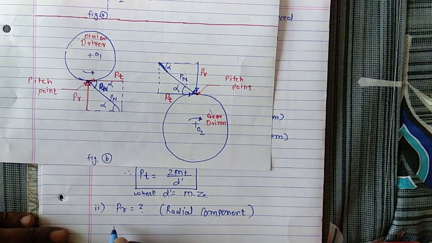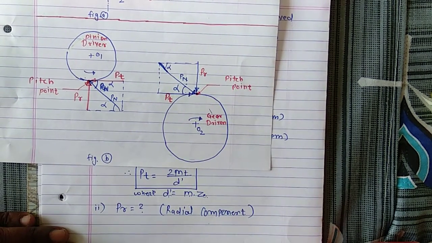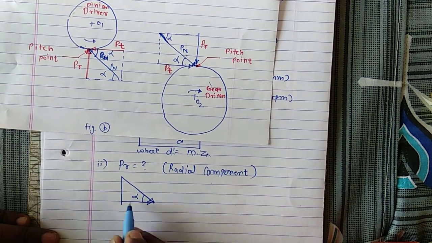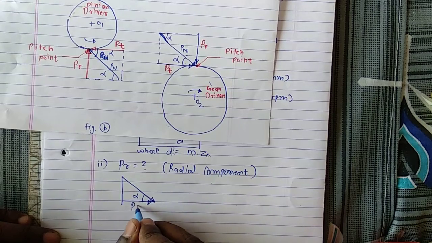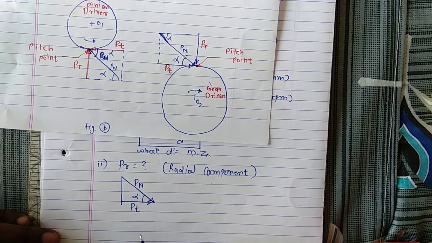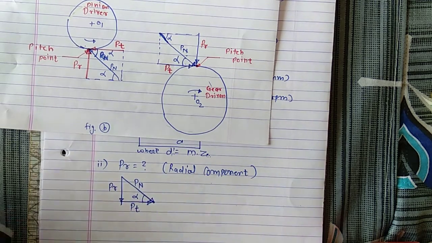Here I will draw this triangle. This is angle alpha. Here the horizontal force is PT, the resultant force is Pn, and this vertical force is PR.